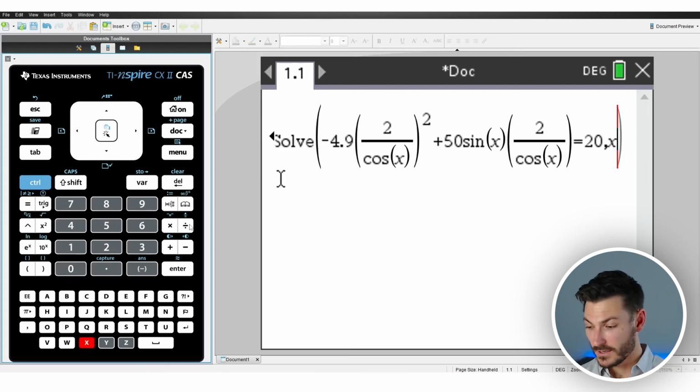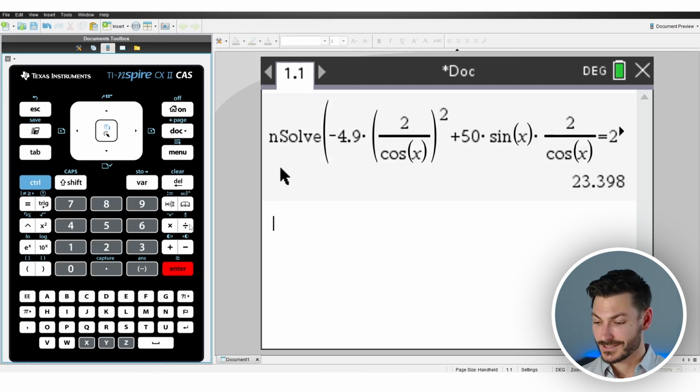And all of that I'm solving, comma, for x. Close my bracket and hit enter. And I get 23.39, which is more or less 23.4 degrees of angle.